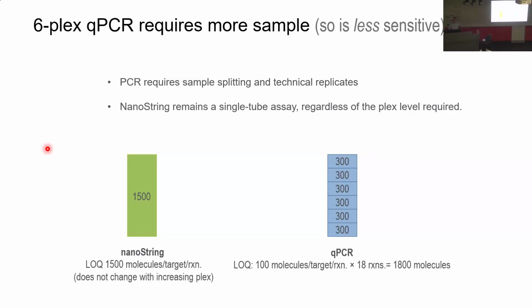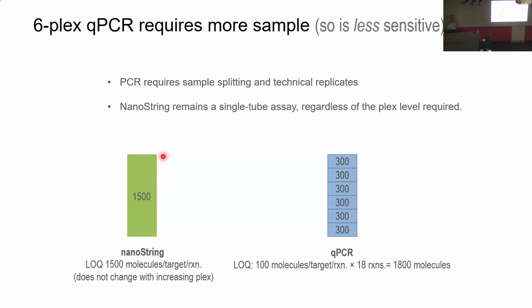Now, at 6-plex, you need 1,500 molecules going in there because you've got to take that sample and split it out all those different ways and deal with all the errors of that. Whereas that whole sample doesn't need to be split. You just put that 1,500 molecules into one vial and everything is added in a large amount, right? So at that point, there's your break-even point, really.